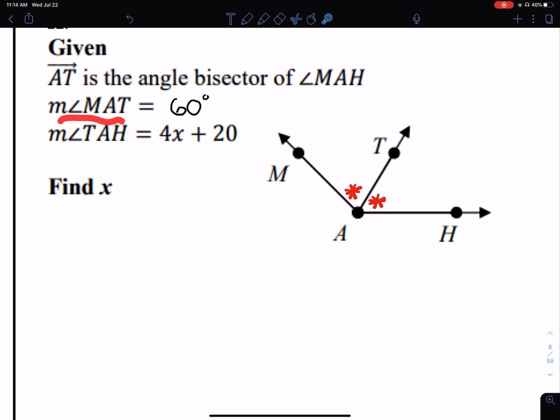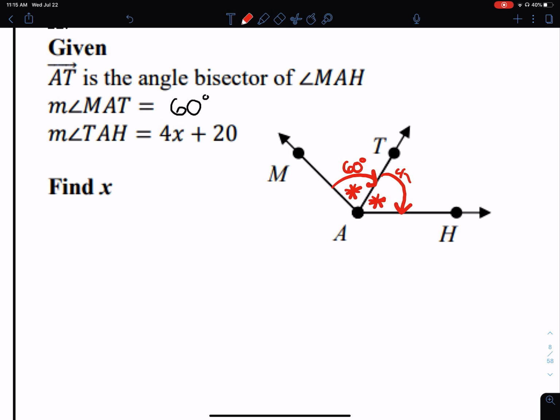Measure of angle MAT is 60 degrees. I'm going to put an arc with an arrow on it. That doesn't mean congruent. It just means I'm pointing out the angle. Measure of angle TAB, 4x plus 20. I'm not saying these are congruent, even though they are, because they have those little stars there.